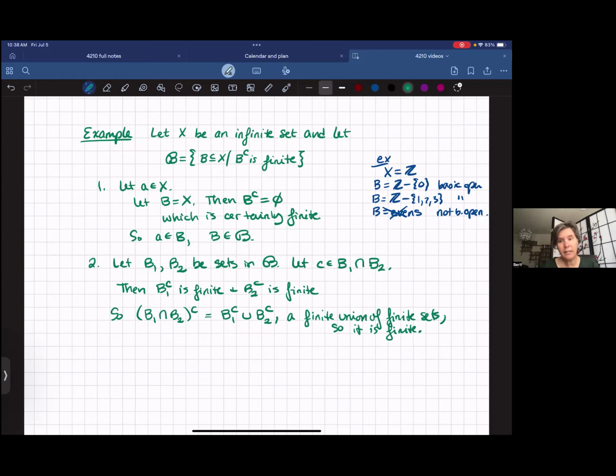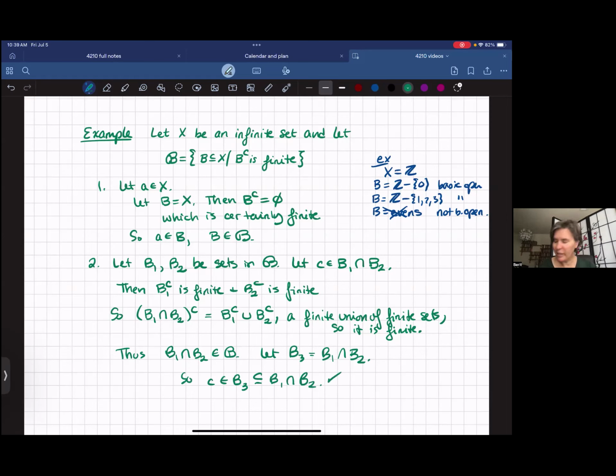Okay, and so in this case, the complement of B1 intersect B2 is also finite, which means B1 intersect B2 is also in B. And so we'll let B3 just equal B1 intersect B2. So little c is in B3, which is certainly a subset. It's more than a subset, it's equal, but all we need is subset because that's the definition.